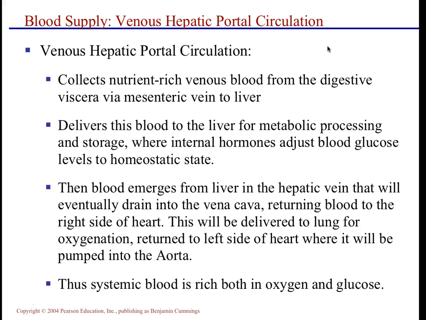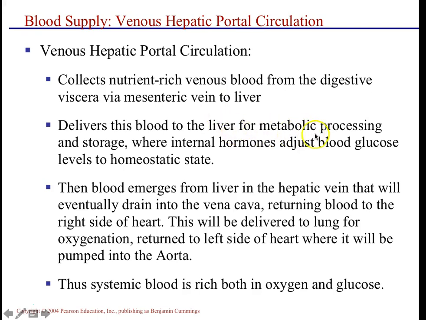We just do not eat food that does not contain microbes in it, and it's the job of the liver and the hepatic portal circulation to make sure that everything is examined before it gets into general circulation. So the points are that your nutrient-rich venous blood from your digestive system is going to go to the liver via the mesenteric vein.